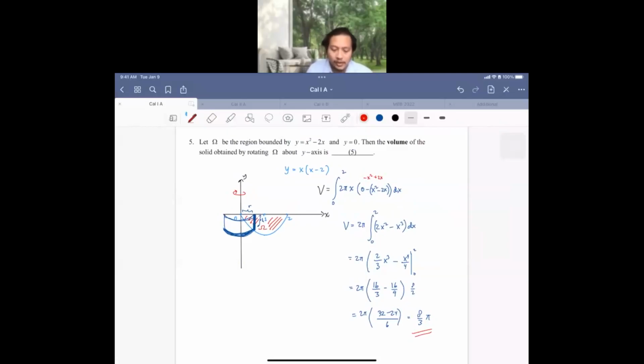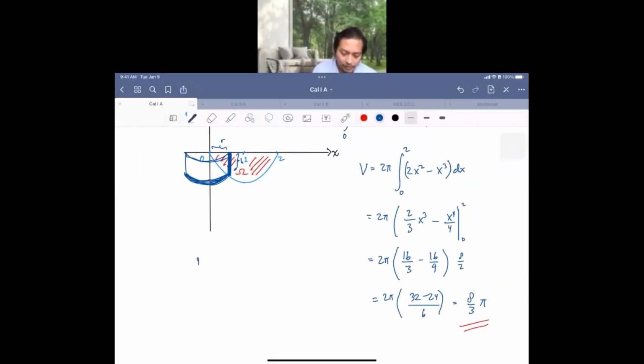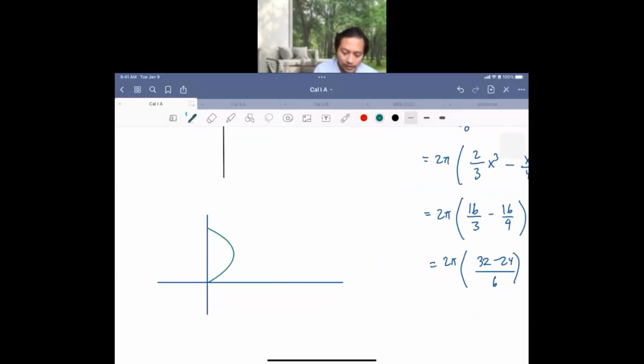So this is one example in chapter 6. If you are confused about which method you are going to use to compute, please remember, for example, let me draw another example. If we have something like this, the curve, and we are rotating here, I think it's not a problem.